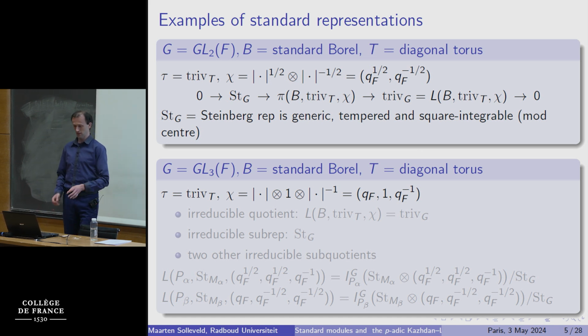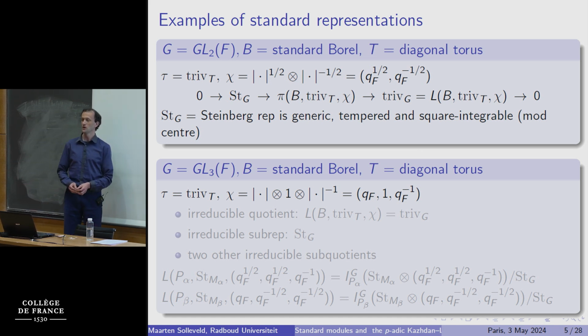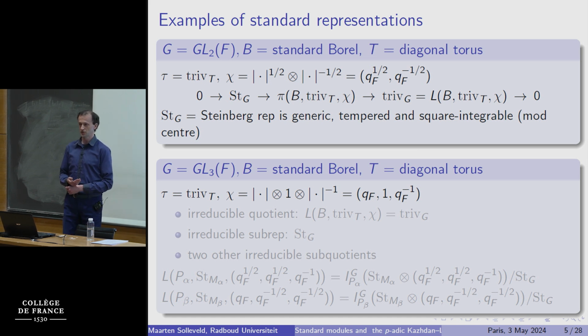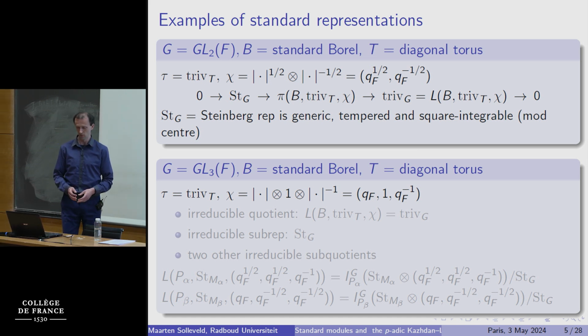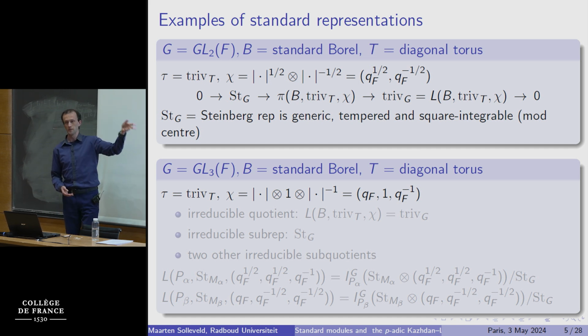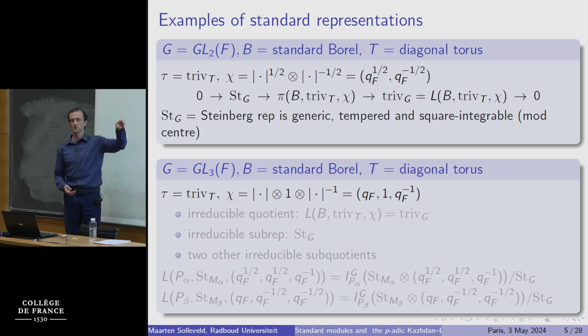There's no such example for rank 1, I think, but for rank 2 root systems this is possible, and you can do this in the group GL3. Then you can take as tempered representation, where the Levi subgroup is again the maximal torus, the trivial representation again, and one character to achieve this with is to take the norm character tensored with the trivial character on the middle position of your torus and the inverse of the norm character on the third position of your torus in GL3.